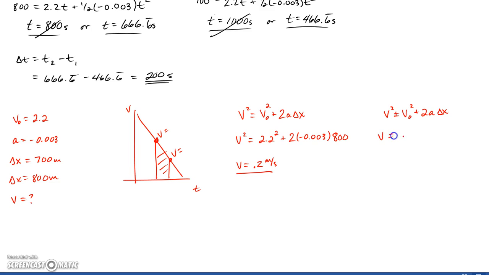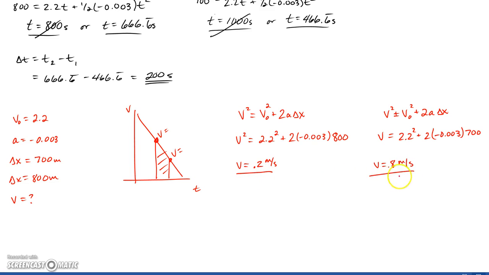So substitute everything I know, 700. Solve for this, and you'll find you have a velocity of 0.8 meters per second.